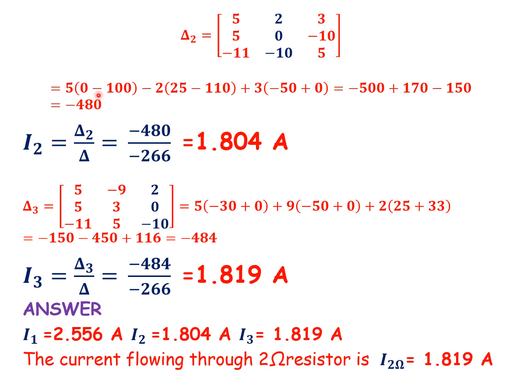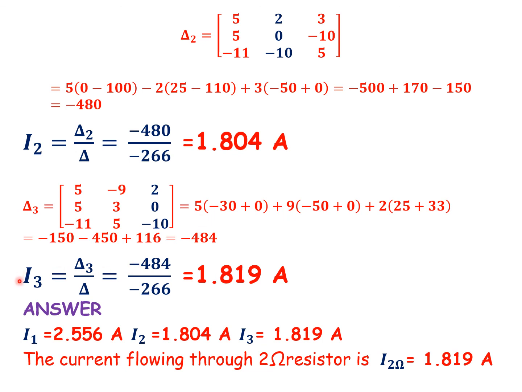Inside we are having 0 minus 100, minus 2 into 25 minus 110, plus 3 into minus 50, then plus 0. What is the answer? Minus 480. So what is I2? I2 equal to delta 2 by delta, minus 480 by minus 266, 1.804 ampere.